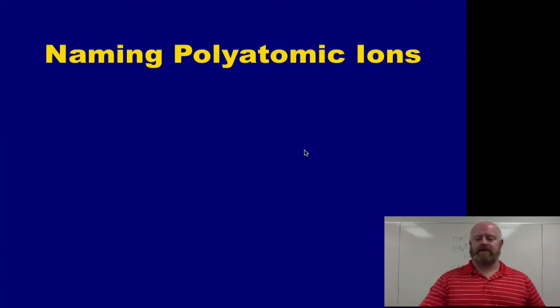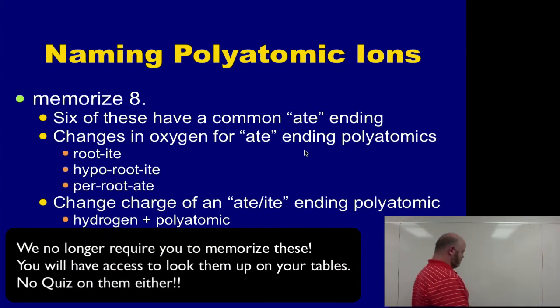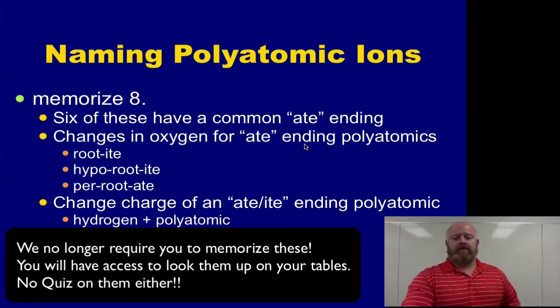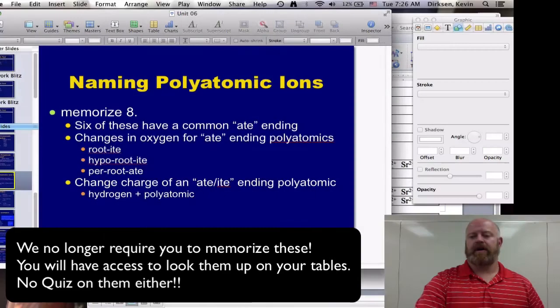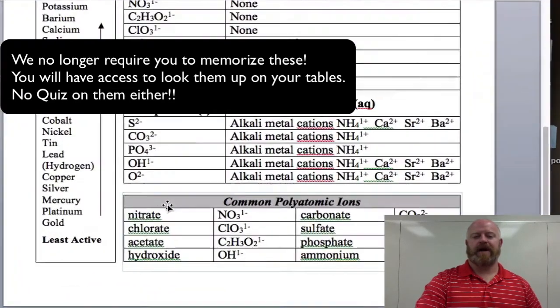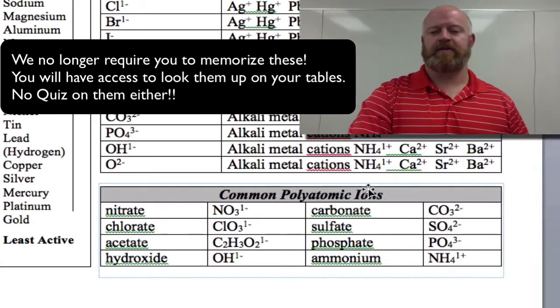Now, when it comes to polyatomic ions and naming them, we have to put 8 of them to memory. There really is no other way of doing it besides purely memorizing these. If we go to your periodic tables, on the back, at the very bottom, you're going to see a small box that says common polyatomic ions.